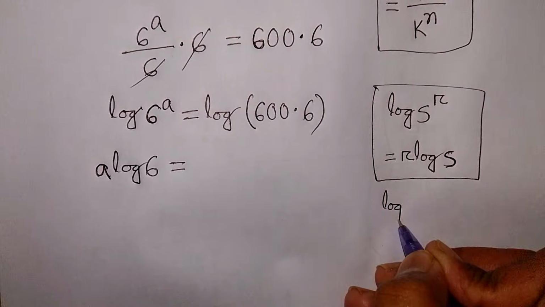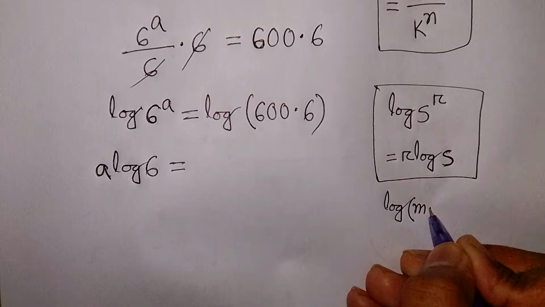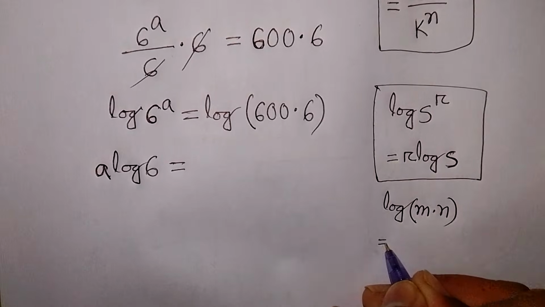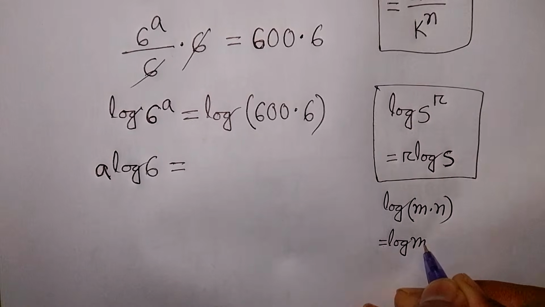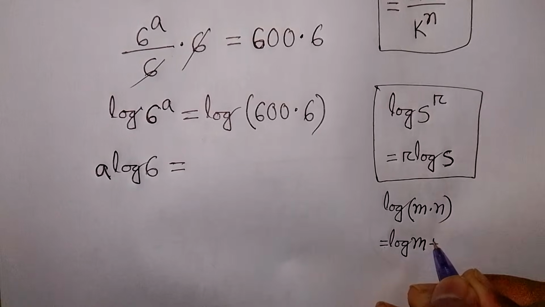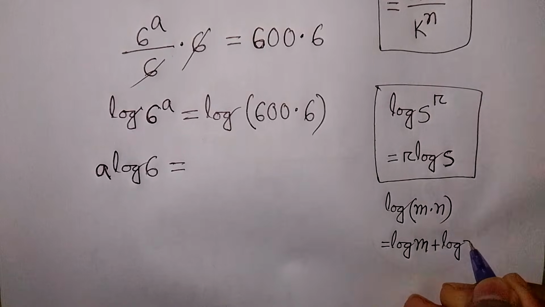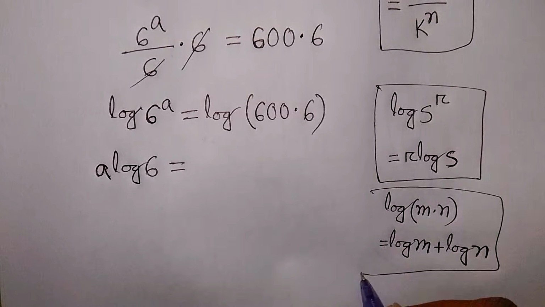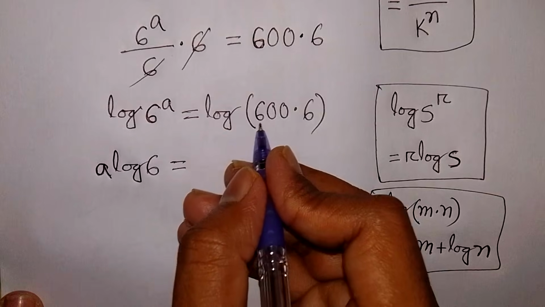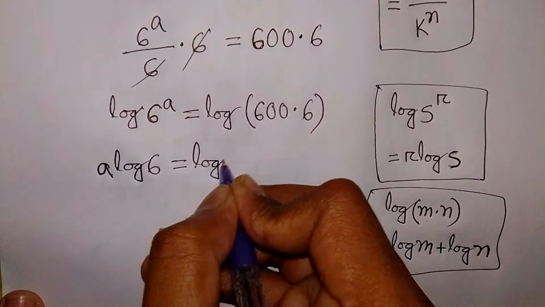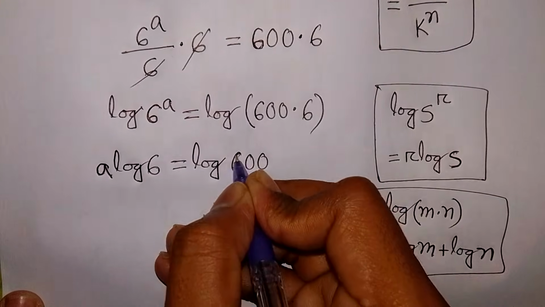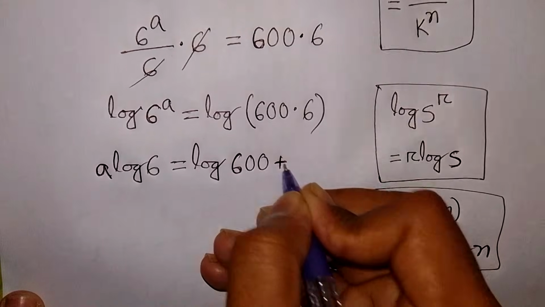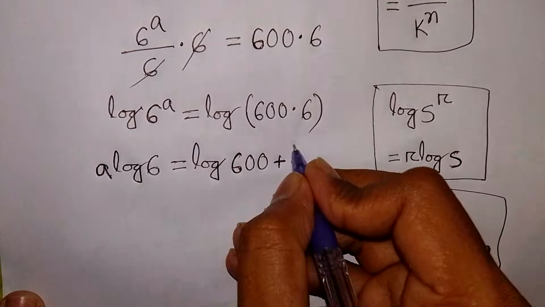We apply this formula, log of m times n is equal to log m plus log n. So it will be log 600 plus log 6.